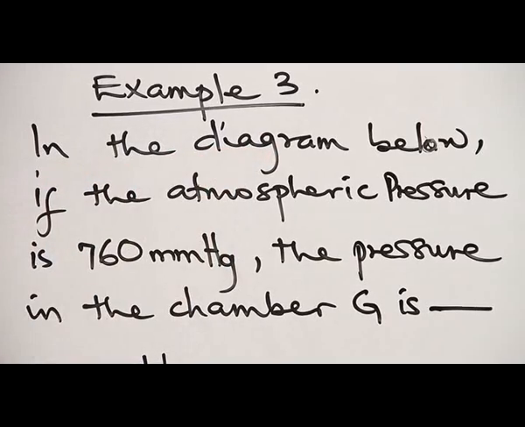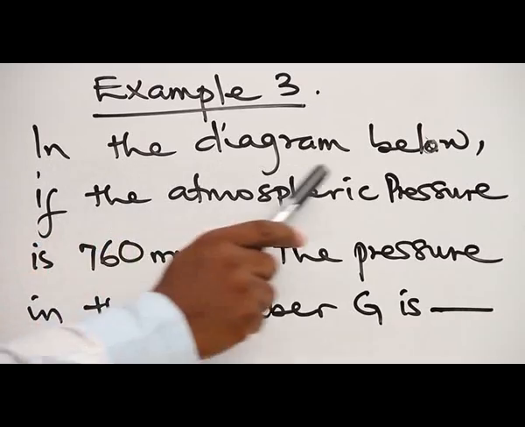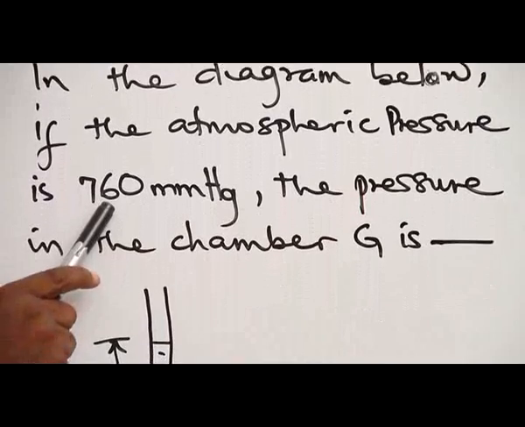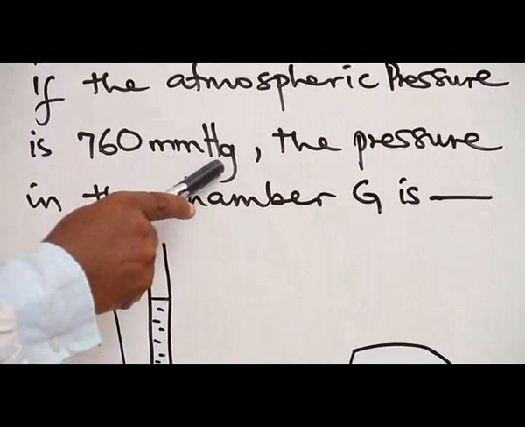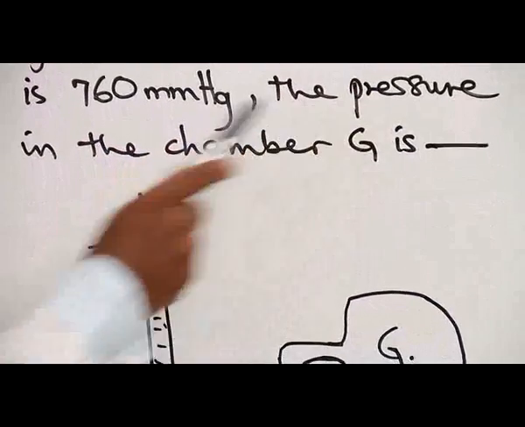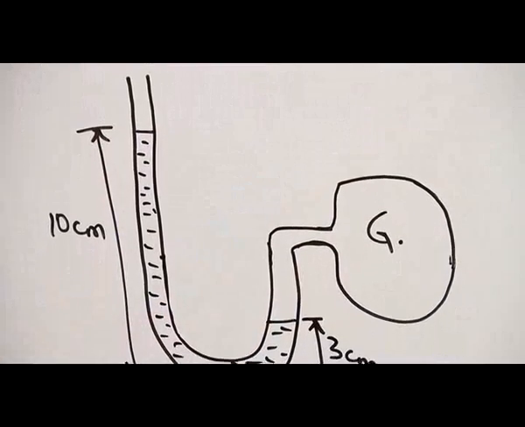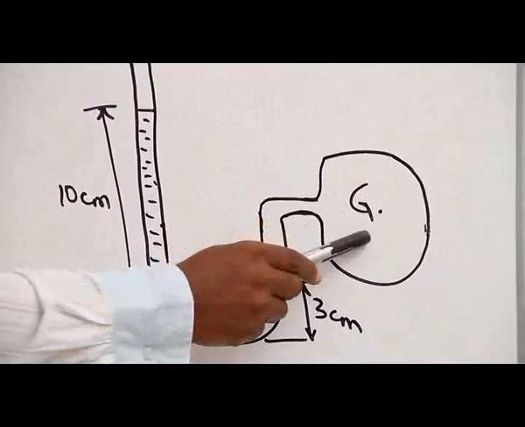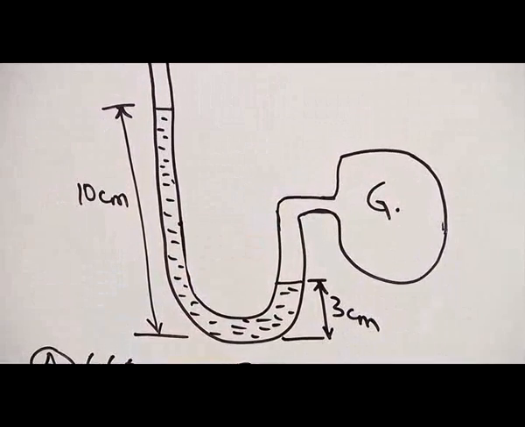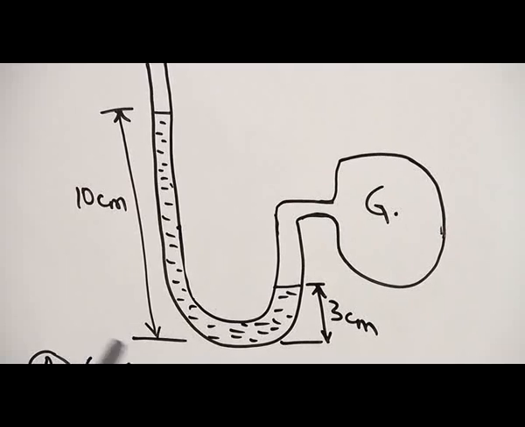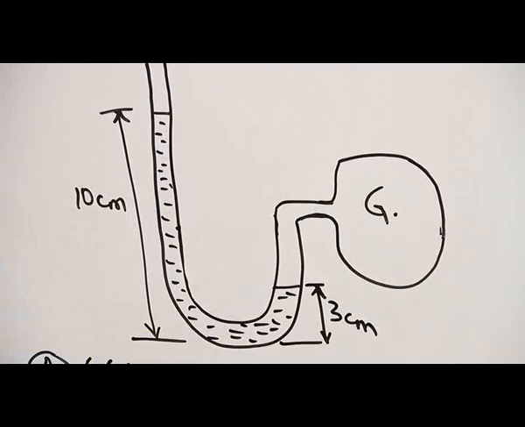Example 3. In the diagram below, if the atmospheric pressure is 760 mm mercury, the pressure in the chamber G is dash. Here is a chamber, possibly with a gas inside. The level of the mercury inside the manometer arms is indicated.